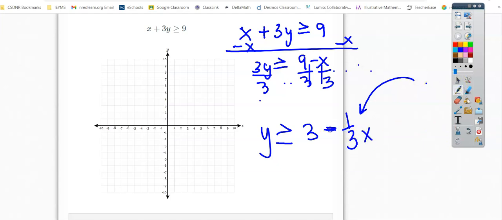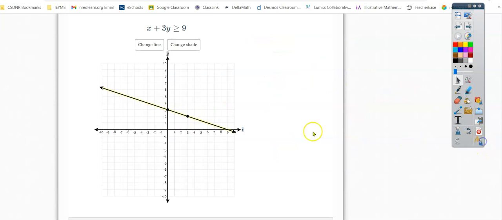Don't forget this negative sign can only go with one of those numbers. So I'm going to give it to the numerator, which is the 1. So the y-intercept is +3, and my slope is -1, 1 down, and +3 to the right. My boundary line is going to be solid, and my shading is going to be above the line.